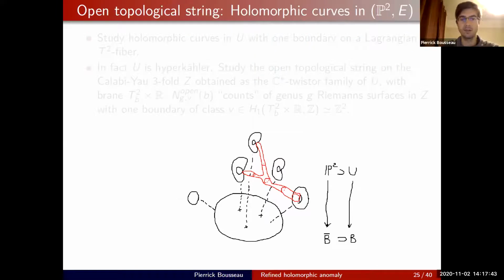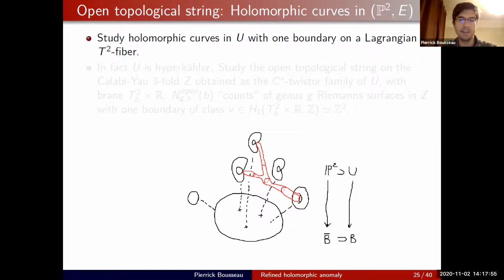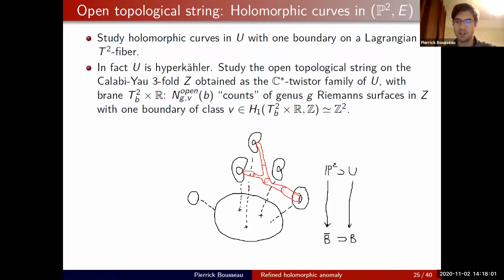As I said, we'll consider open topological string in this geometry, so counting Riemann surfaces with boundary on these T2 fibers. More precisely, we'll do the twistorial construction from the Chekhotiv-Afar paper: this U, the complement of an elliptic curve in P2.